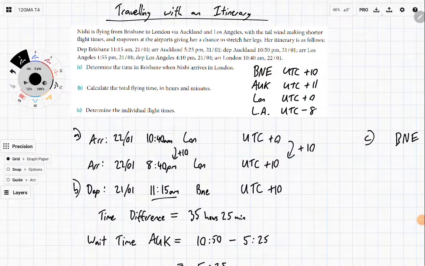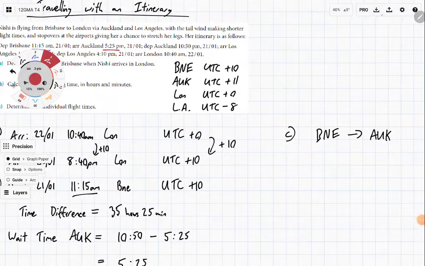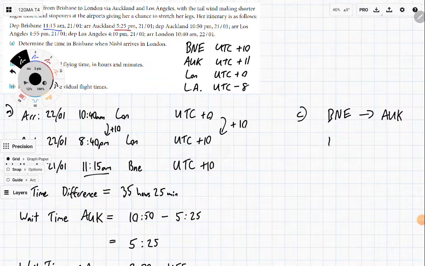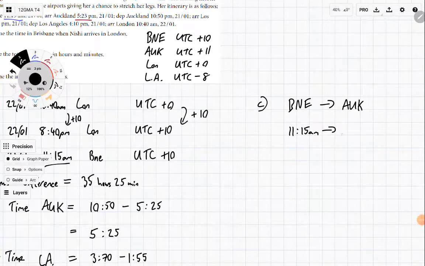It doesn't matter which, but the problem is that each of these are in different time zones, right? This is in Brisbane time, whereas the arrival time is in Auckland time. So we need to convert them to being in the same units. So we leave Brisbane at 11:15 a.m. and we arrive at 5:25 p.m.